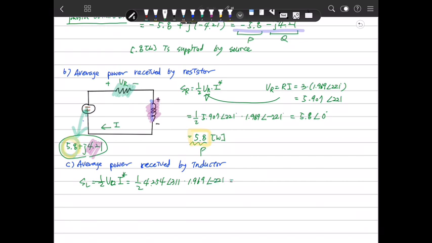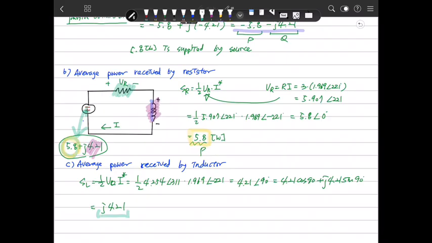So the result is 4.21 at 90 degrees. So 4.21 cosine 90 degrees plus j4.21 sine 90 degrees, which is j4.21.